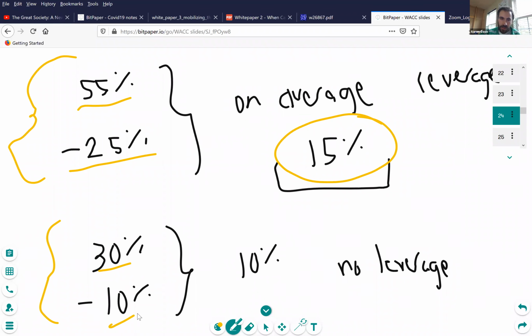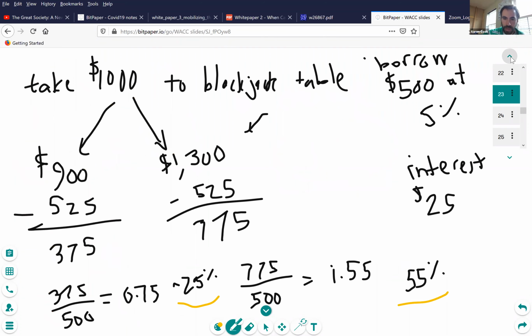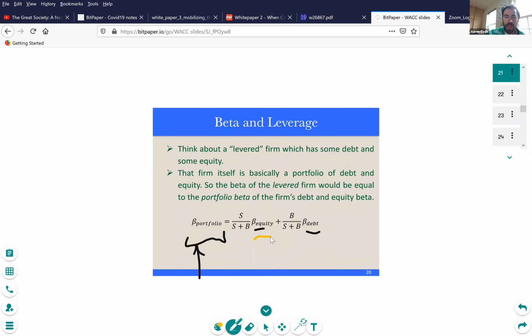That's an example of how the beta is actually affected by the amount of leverage that the firm takes on. And so that's the reason that this equity beta, the returns to equity, or the degree to which the returns on equity move together with the market or against the market in a scaled up or scaled down fashion, actually depends on the amount of leverage.